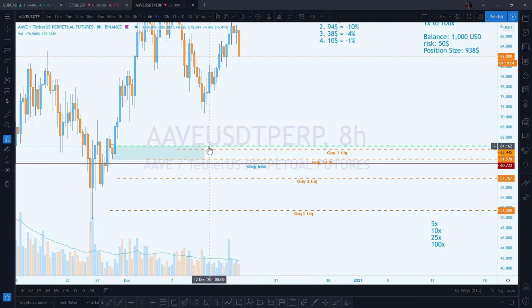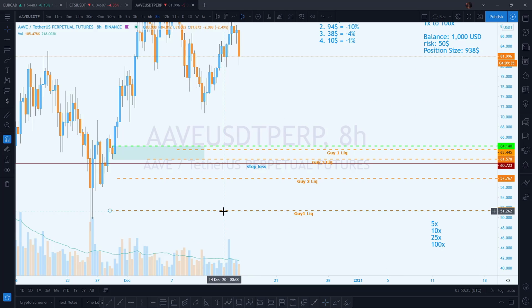Let's check the move from here to his stop loss, 5.38, right? Now let's check his stop loss to his liquidation. You can see it's almost another 5% move, which means it's doubled the amount. He can put a stop loss right here and recalculate his position size, but his position size will be way less than the 938.